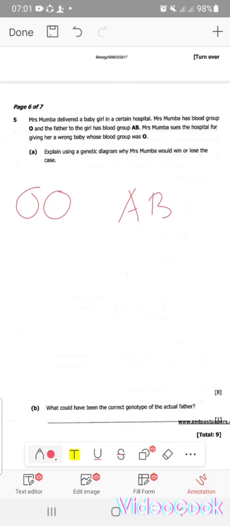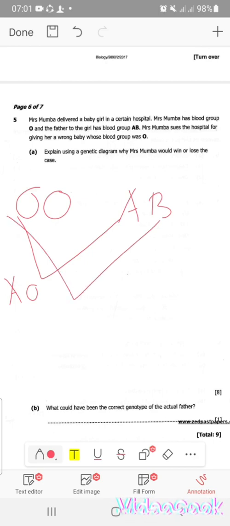So the first allele crosses with the first allele, and A and B are dominant over O. So when writing the gene, you start by writing the letter A, because A is dominant, O is recessive. Again, the same A times the other allele there, which makes it blood group B and O.